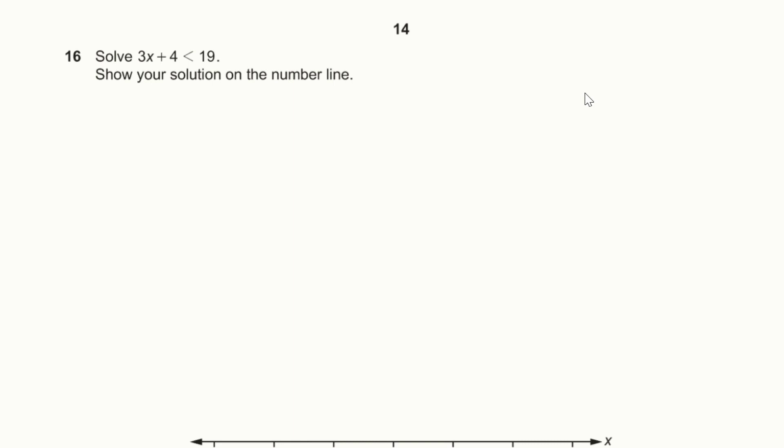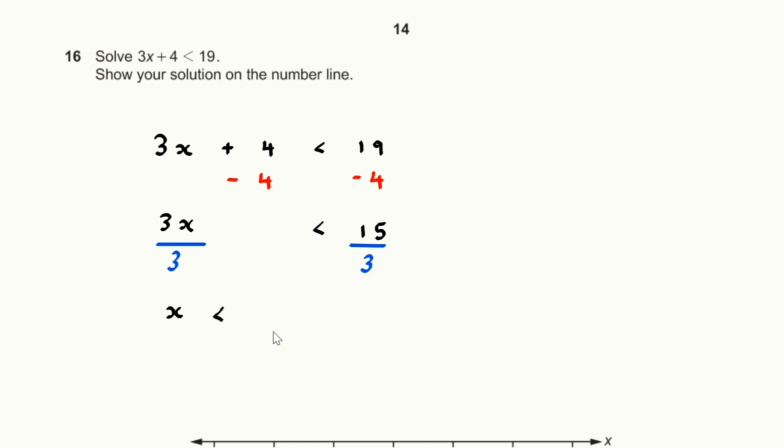Question number 16. We have to solve 3x plus 4 being less than 19. So if I've got 3x plus 4 being less than 19, subtract 4, so we are left with 3x being less than 15, and if I divide both sides by 3, then x is less than 15 over 3, which is 5.